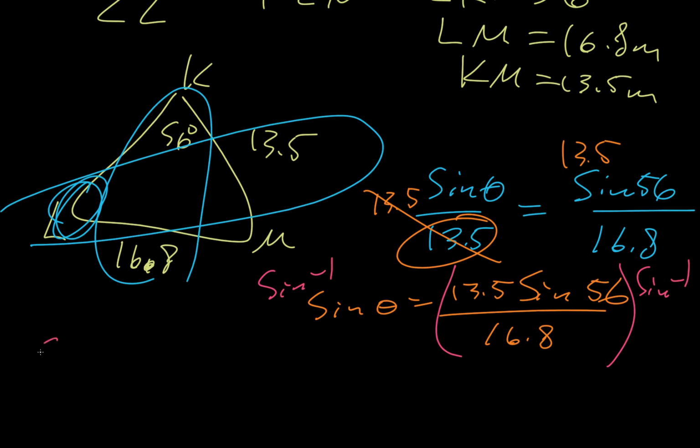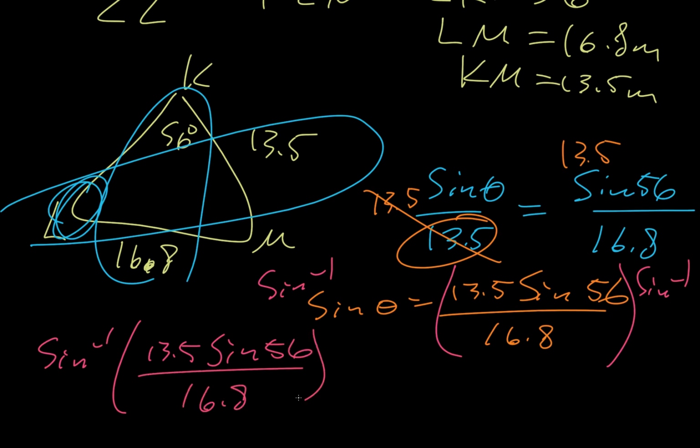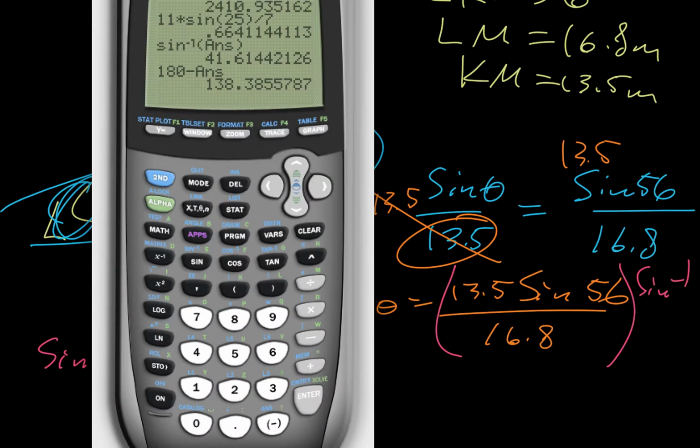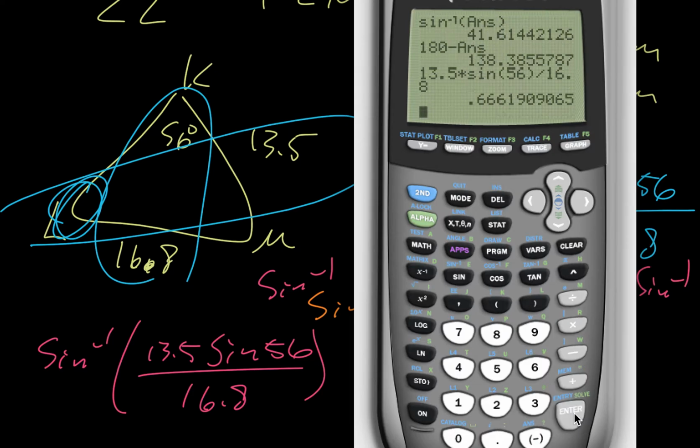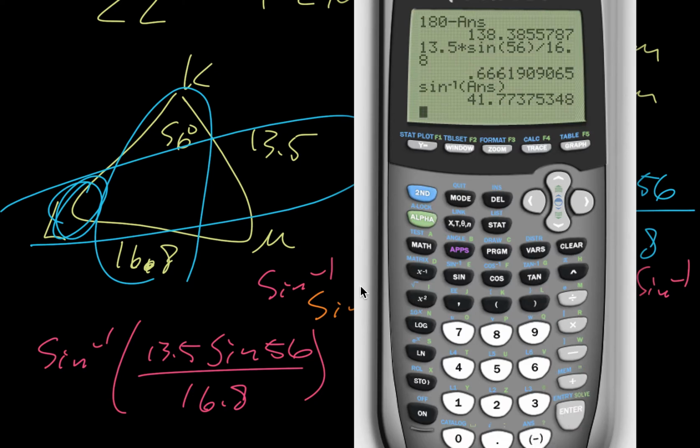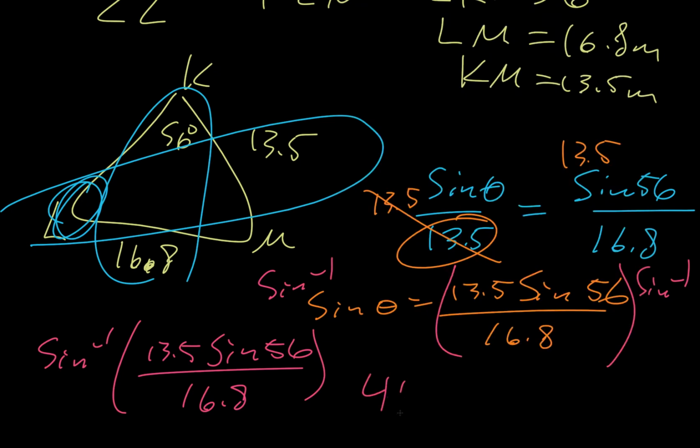So what we're going to plug in is the inverse sine of 13.5 sine 56 over 16.8. So we go to our calculator. I like doing the inside first. Get that answer, and then do the inverse sine of our answer. And we get 41.8 on that one, so 41.8.